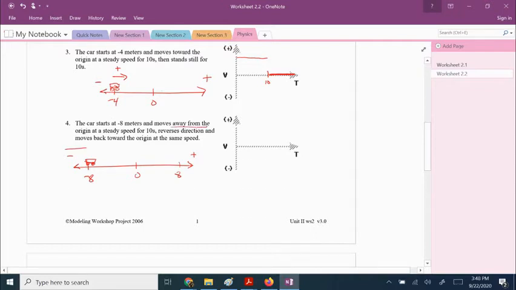That tells us it's going to travel that way, which is the negative direction. It's going to the left, so negative direction. So it's going to have a negative velocity to begin with for 10 seconds. Then it's going to reverse direction, meaning it's now going in the positive direction. 10 seconds is going to be right here. So negative direction for 10 seconds, then positive direction for 10 seconds. Here's our 20 right there. That's what that one's going to look like.